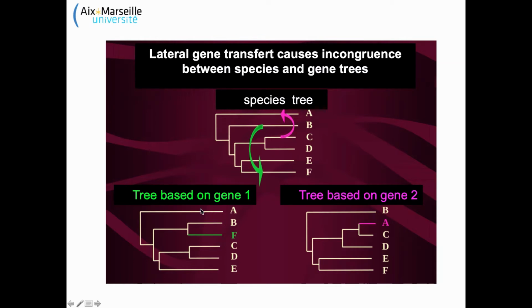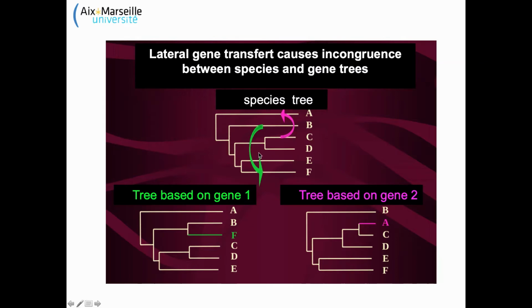In the gene tree based on gene 1, as you can see, you don't have the same evolutionary tree as your species tree. You have A, B, F, C, D, E instead of A, B, C, D, E, F as in the species tree. What does it mean when you have B that is close to F?